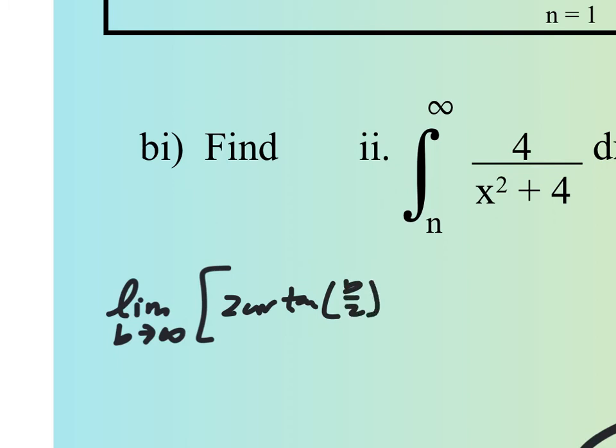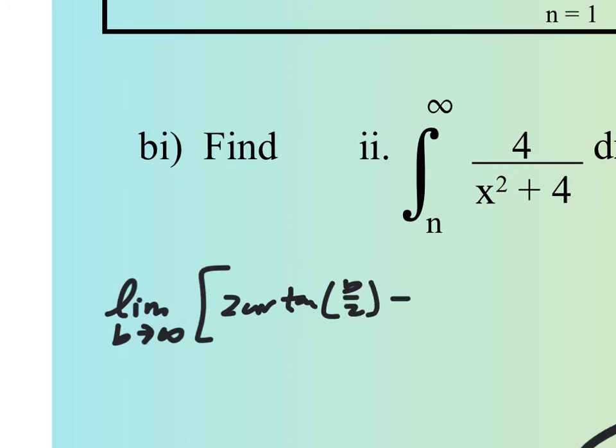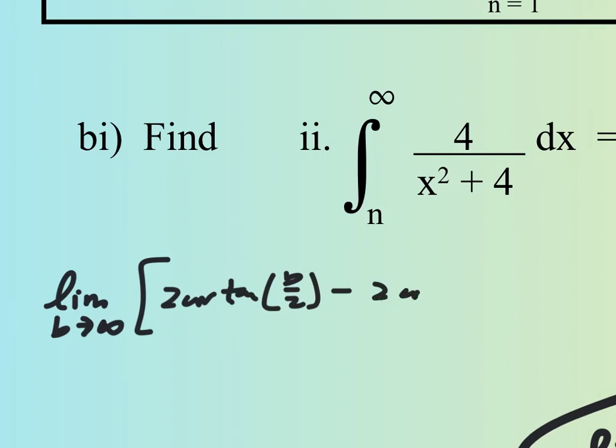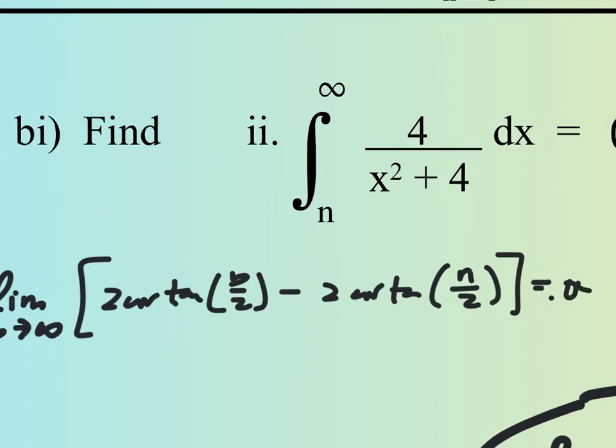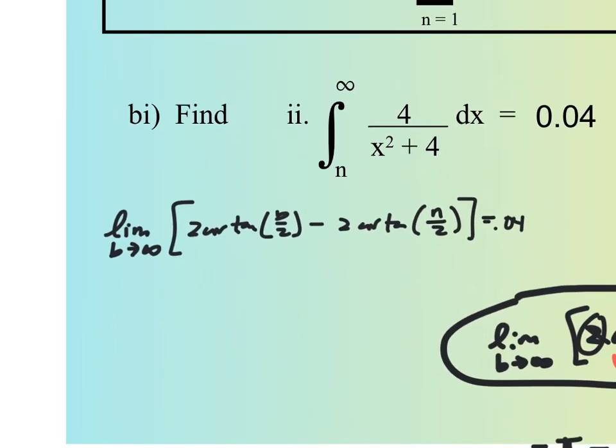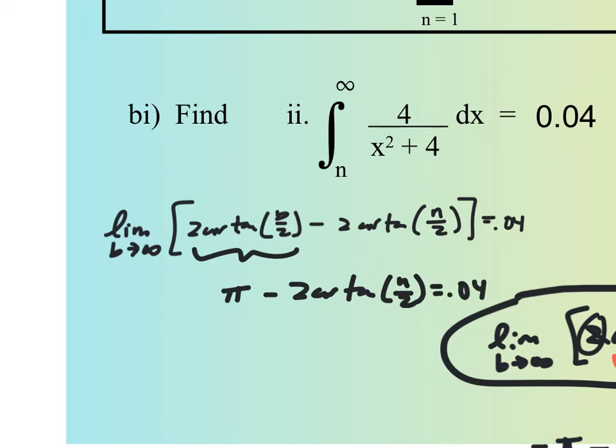We know this is going to end up being pi minus 2 arctan of n over 2, and I want that to come out to be 0.04.